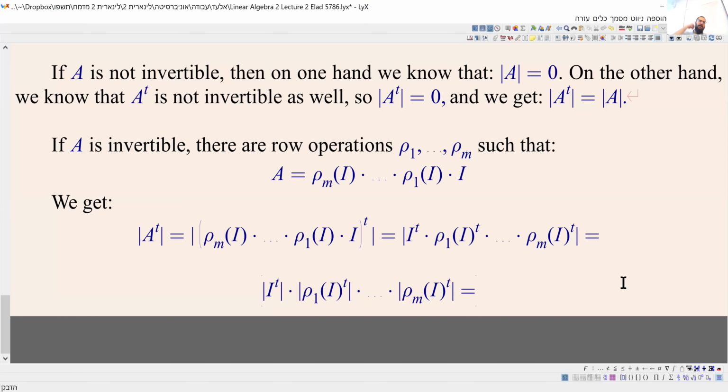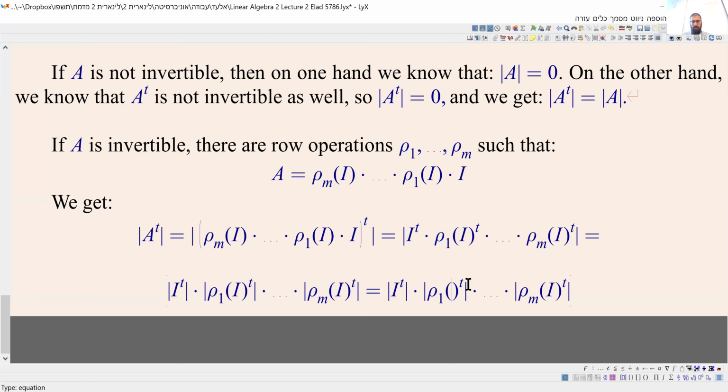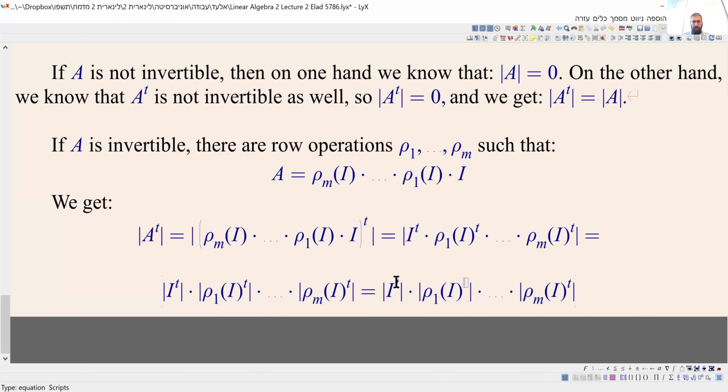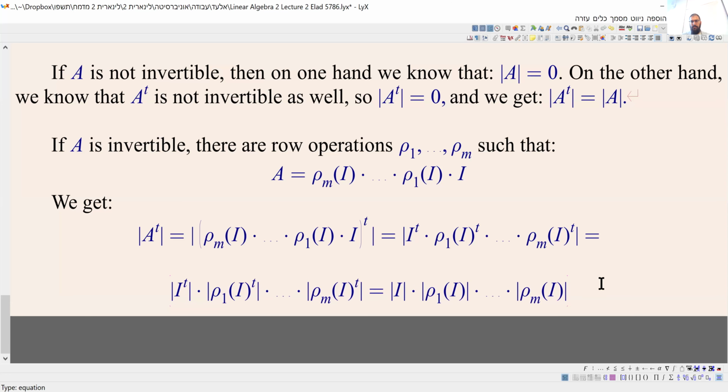Now, for every elementary matrix, we already proved that the transpose does nothing, and it's actually the same determinant. We can cancel all the transposes from every determinant.